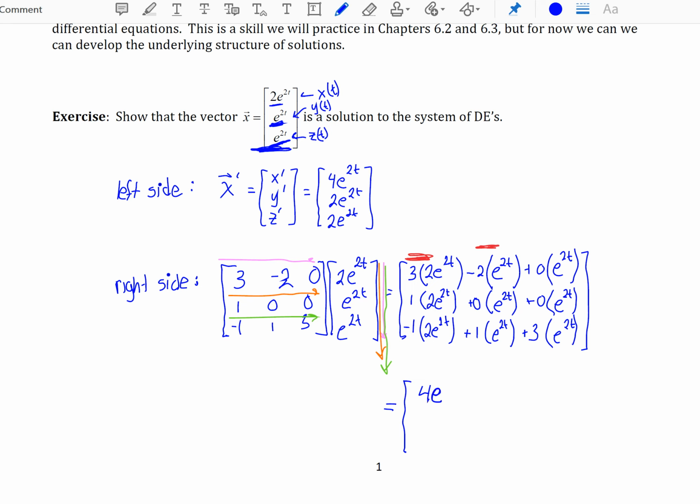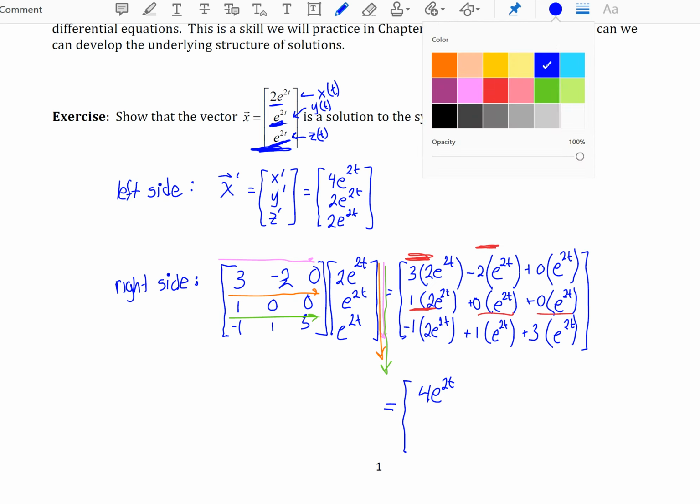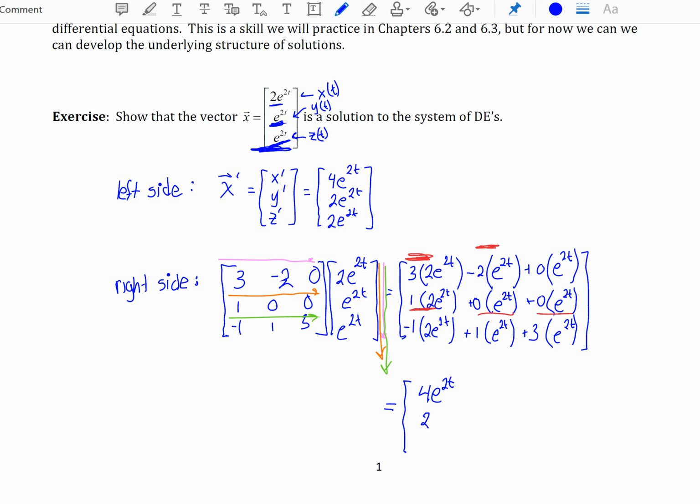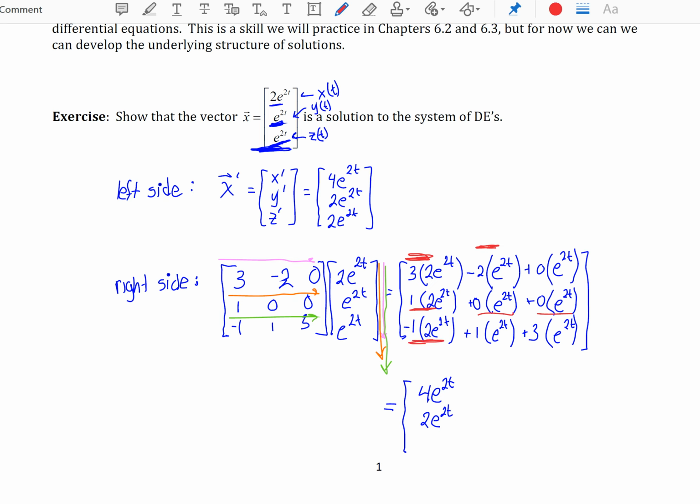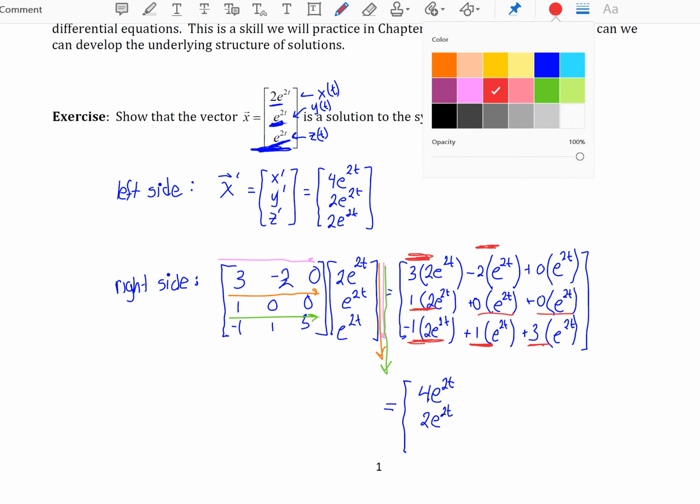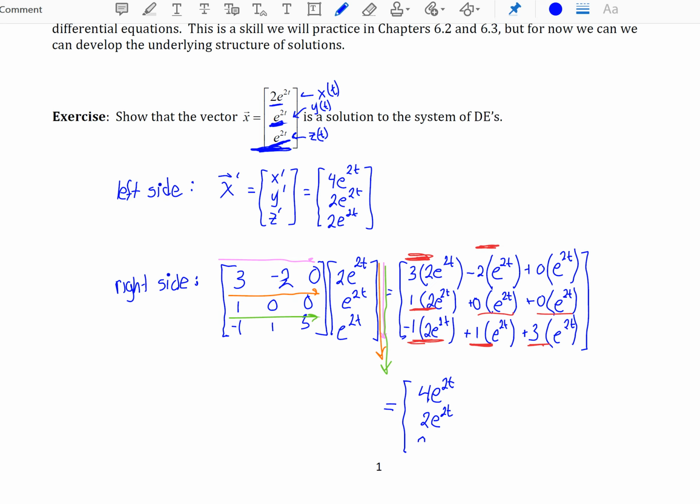So just 4e to the 2t. This would be 2e to the 2t plus 0 plus 0. And our last entry would be negative 2 plus 1 plus 3, and I believe that's also going to be 2e to the 2t.